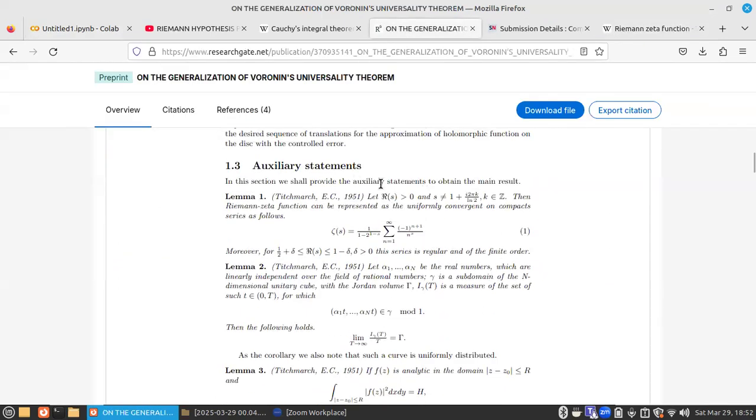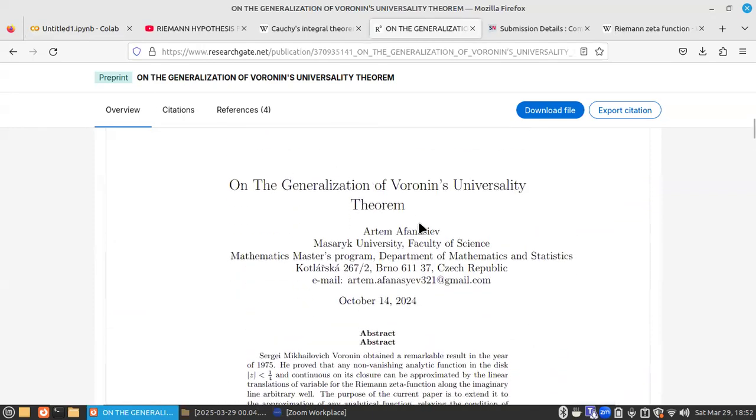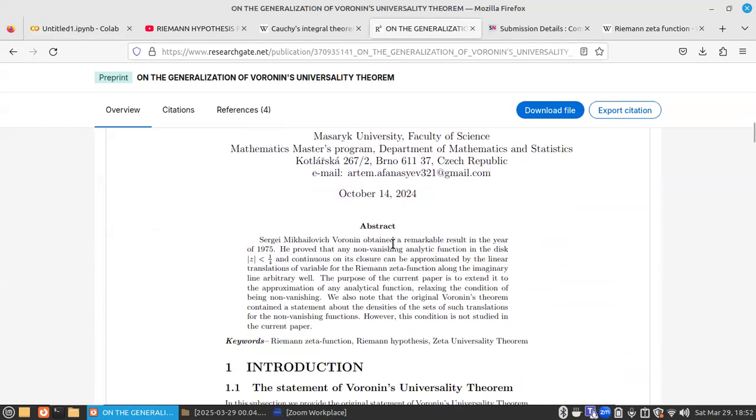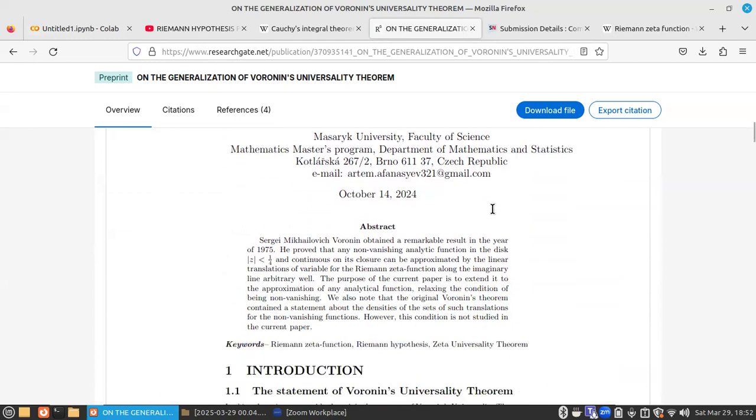Like in this paper of mine, where I have discovered certain approximation properties of those Euler products, mainly partial Euler products.